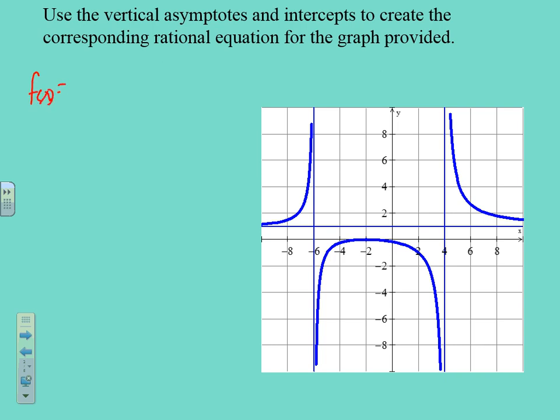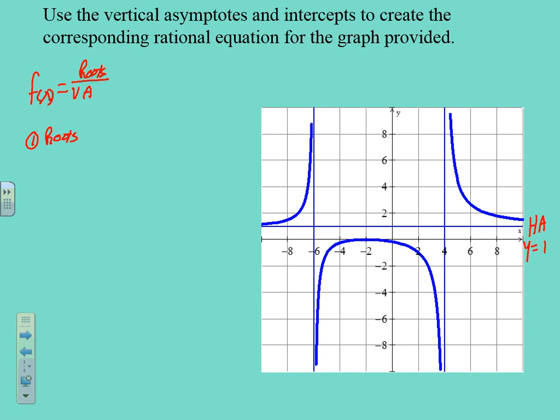In a rational function, the roots come from the numerator and the vertical asymptotes come from the denominator. So the first thing I want to know is, what are my roots? Looking at the function that we see here, we have a horizontal asymptote at y is equal to 1. Because the horizontal asymptote is not 0, we know it's not a bottom-heavy function.